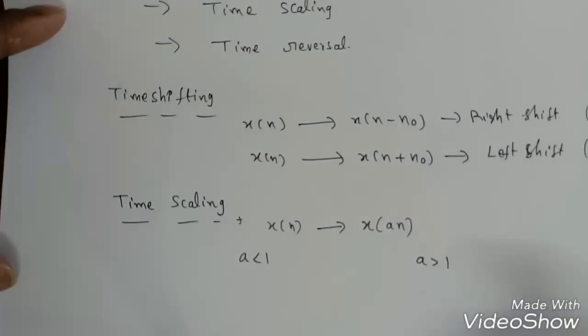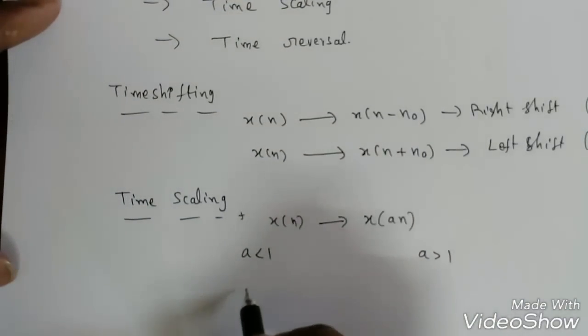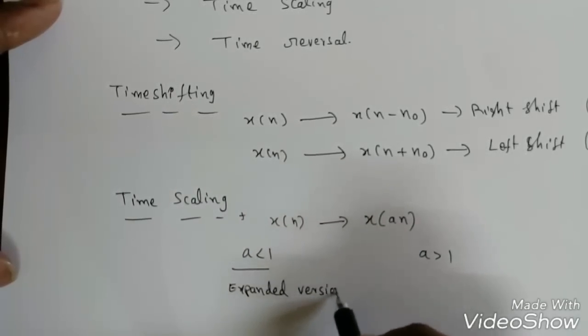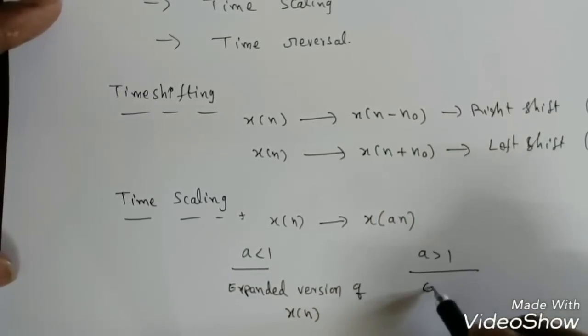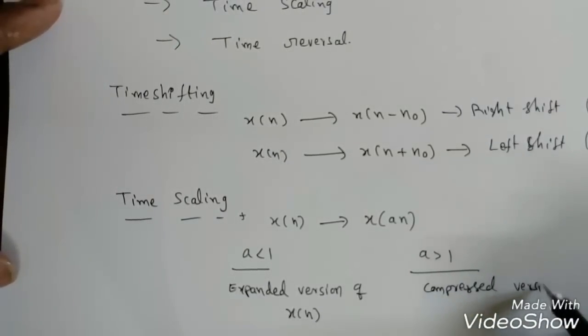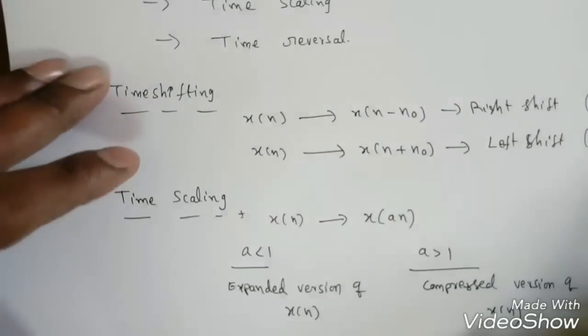If a is greater than 1, we will get a compressed version of x of n.